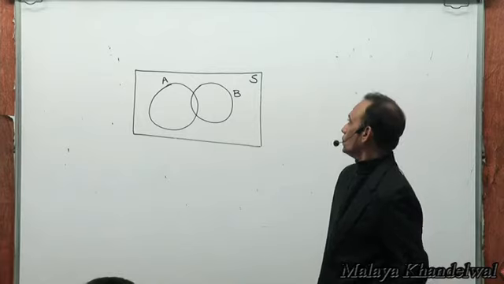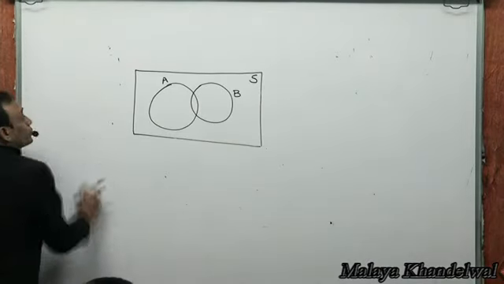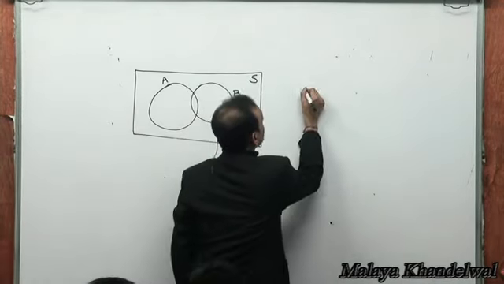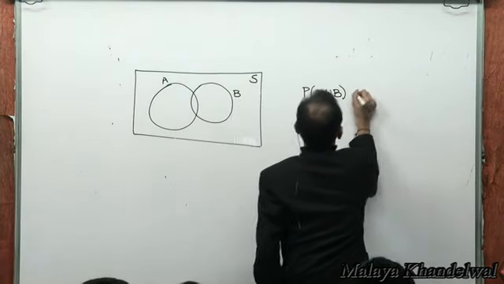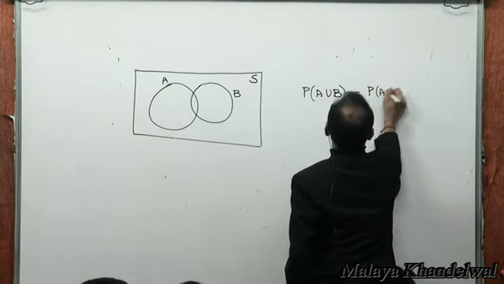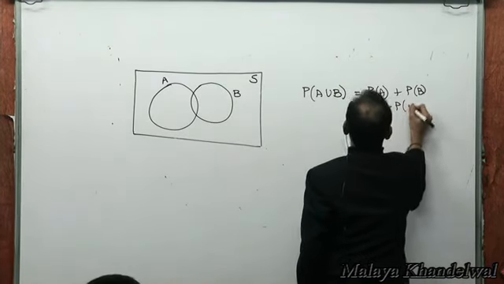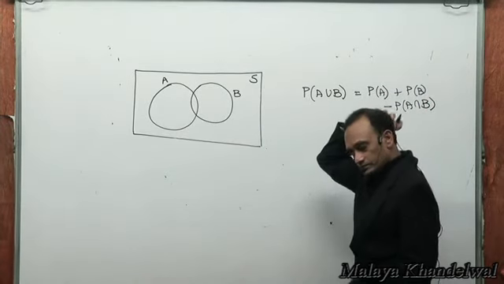Now, like I told you, probability of A or B is probability of A plus probability of B minus probability of A intersection B, right?